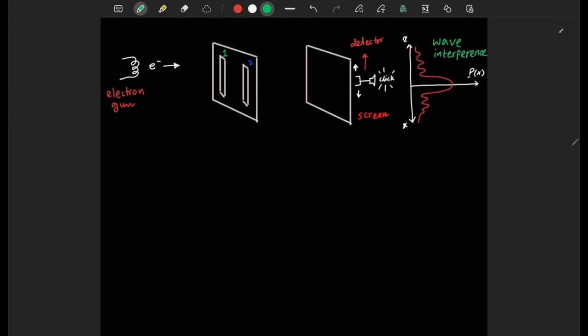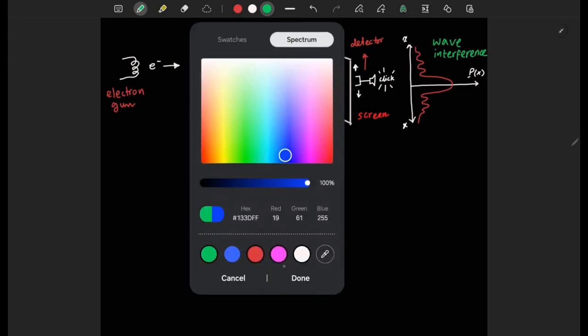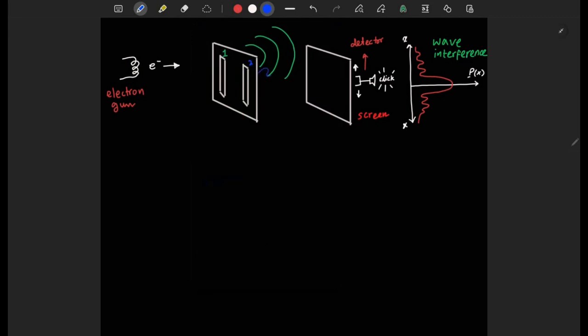Well, I hope you have your school physics memories when I'm saying this. If you replace the electron gun with, let's say, water waves getting through the slits, essentially a wave pattern will emerge of two waves, and let's use a blue marker here, one coming out of slit 2.